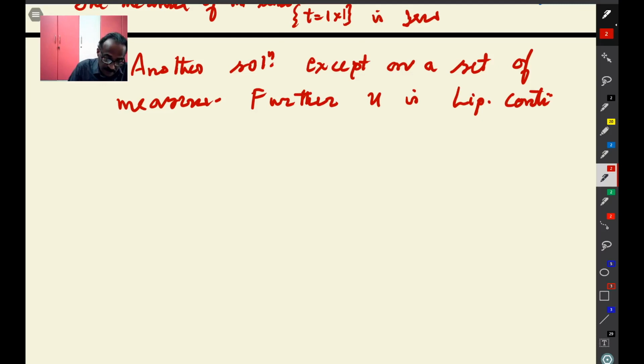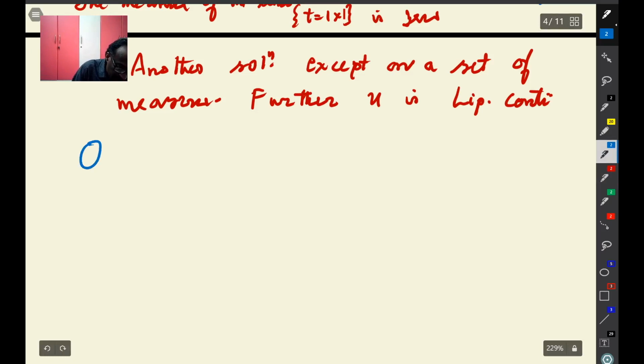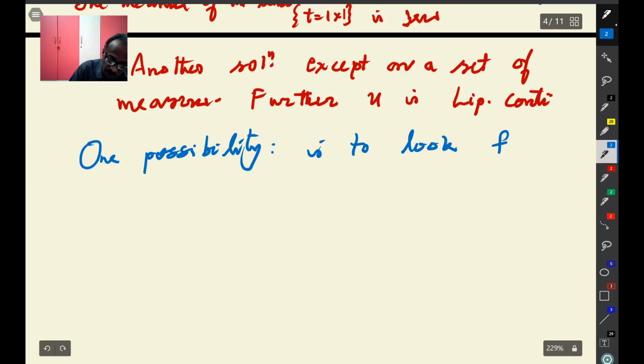Okay, so one possibility is to look for a Lipschitz continuous solution.